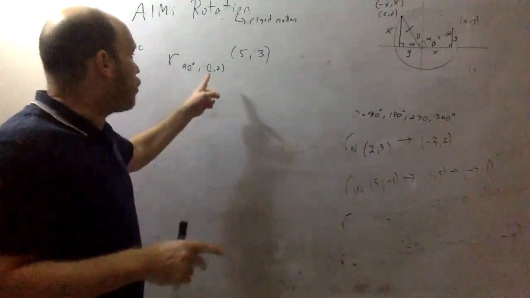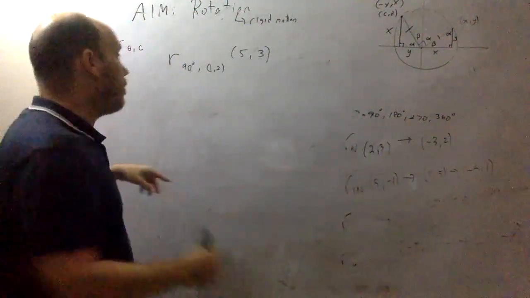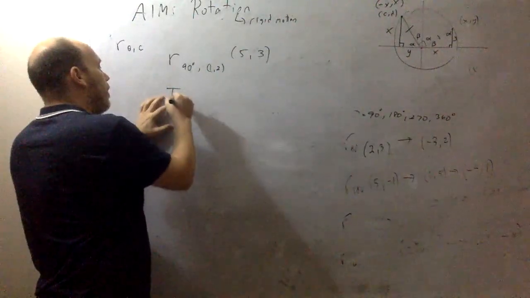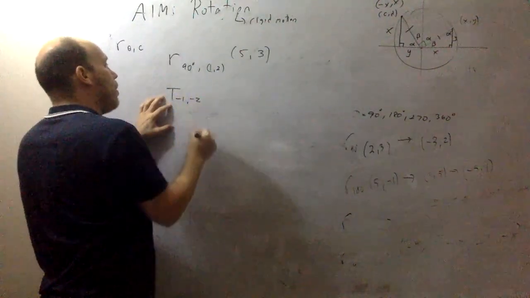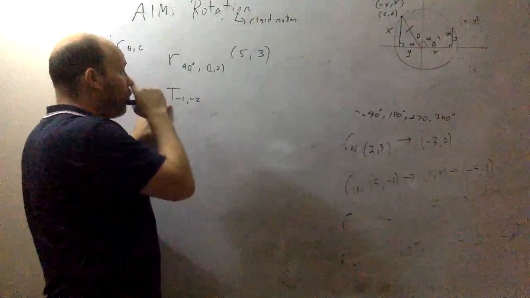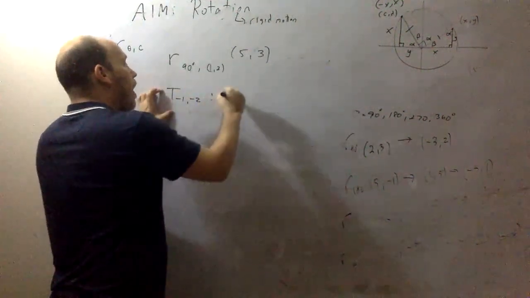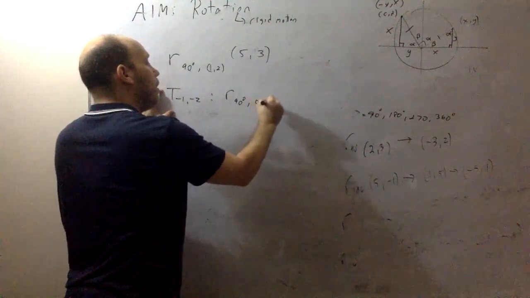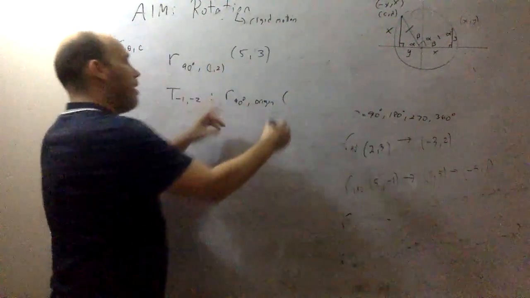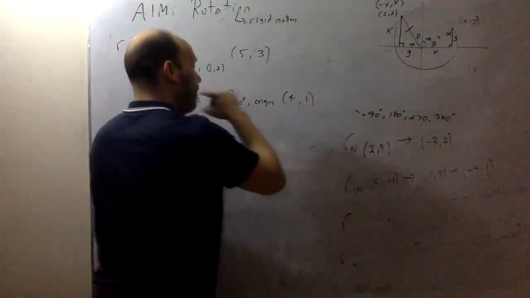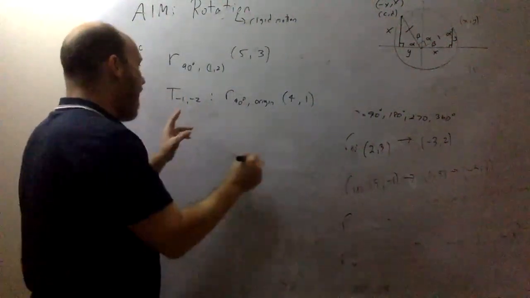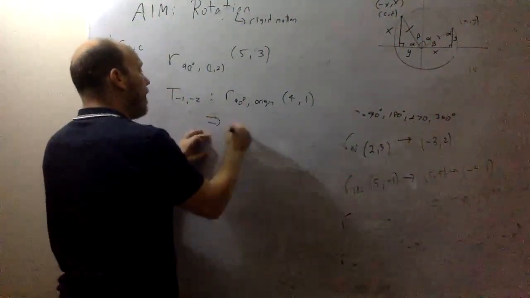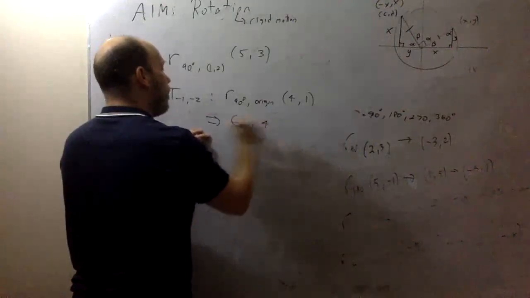So what I'm going to do is shift everything back to the origin. I'm going to translate by (-1, -2). Now I have a rotation of 90 degrees at the origin, but my point is (4, 1), which results in (-1, 4).